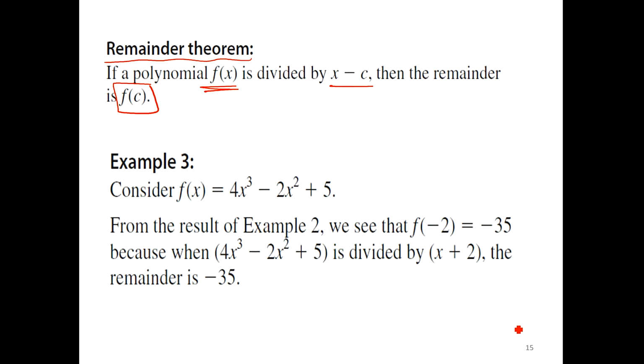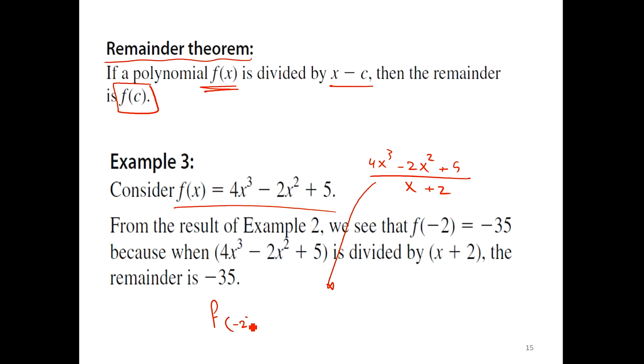In the previous example, f of x equals 4x to the power 3 minus 2x squared plus 5, divided by x plus 2. We can find only the remainder directly by finding f of negative 2.